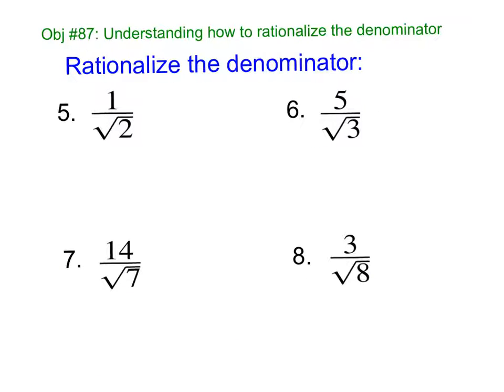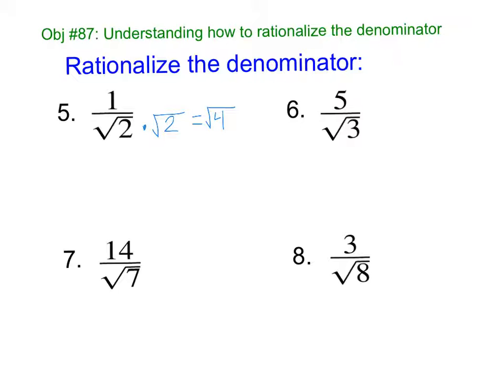Okay, so to rationalize the denominator, here's the process. I don't want that square root of 2 to go away. So what we're going to do is we're going to multiply it by itself. Because what is the square root of 2 times the square root of 2? Well, that's the square root of 4.